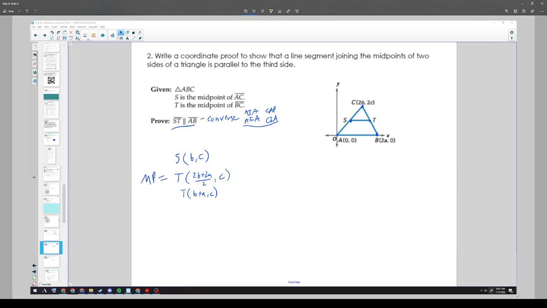Let's see, what can we do next? How do we get information about our angles? Maybe it's that we need to prove the two triangles are similar.